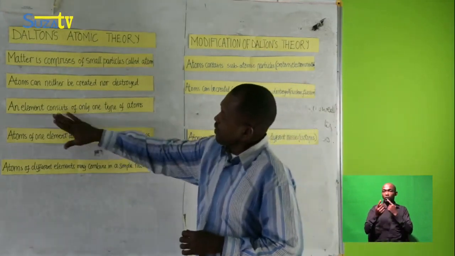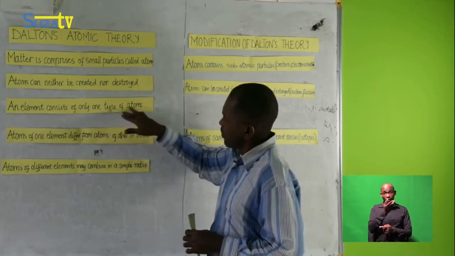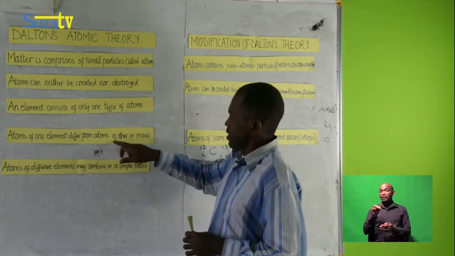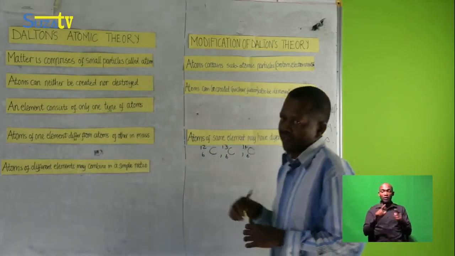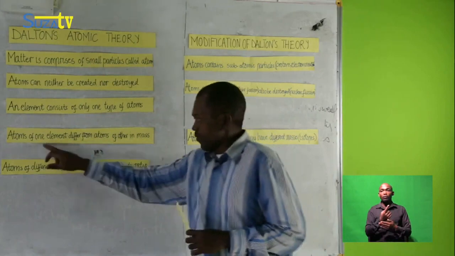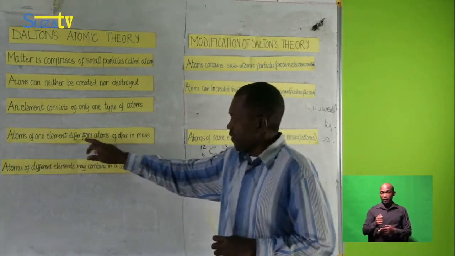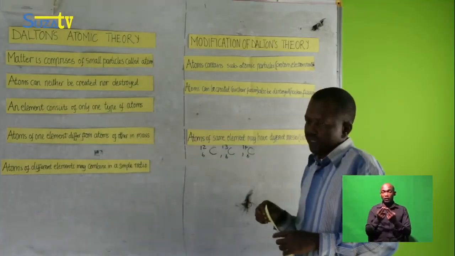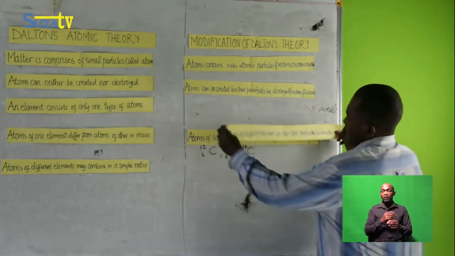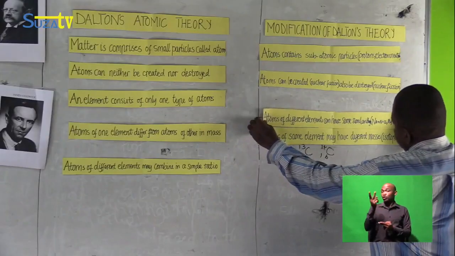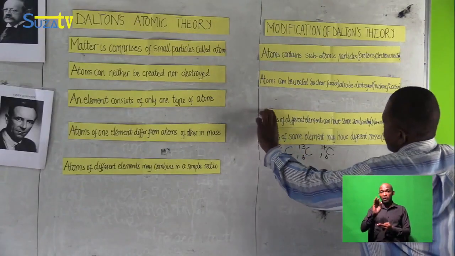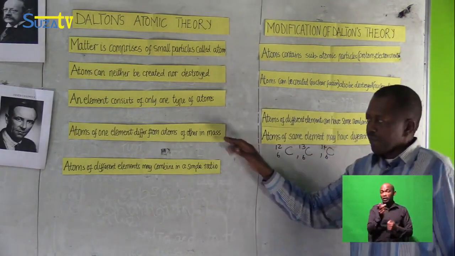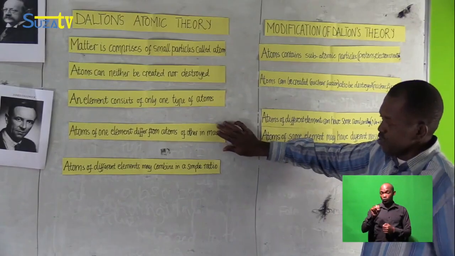Look at this. One element consists of one type of atom. This one, atoms of one element differ from atoms of another in mass, also in some properties. So still, there are two modifications that come to challenge that postulate of Dalton atomic theory.